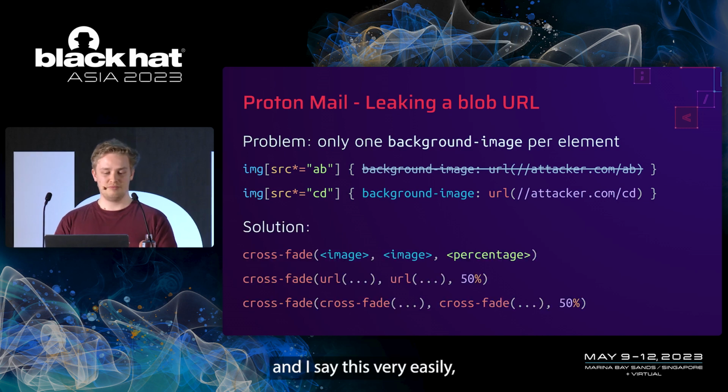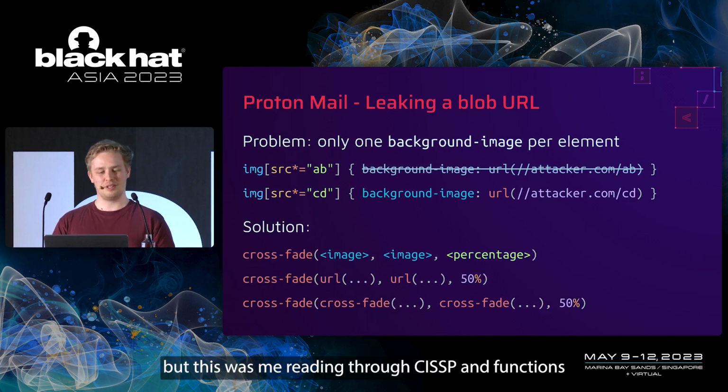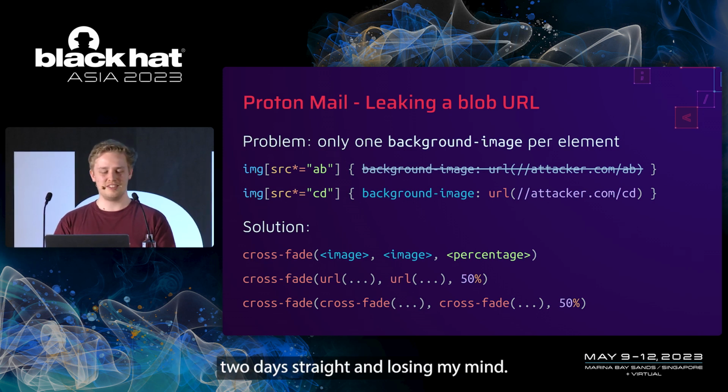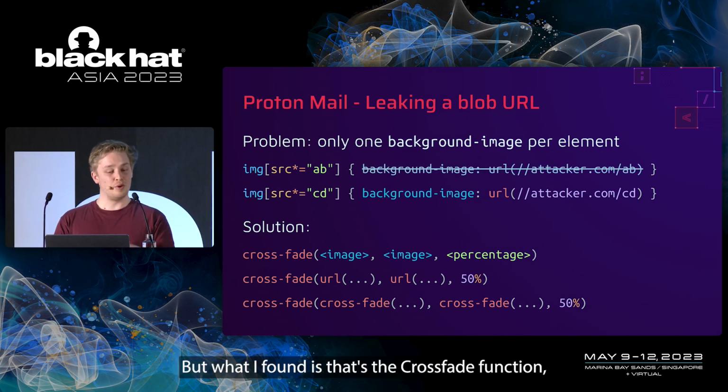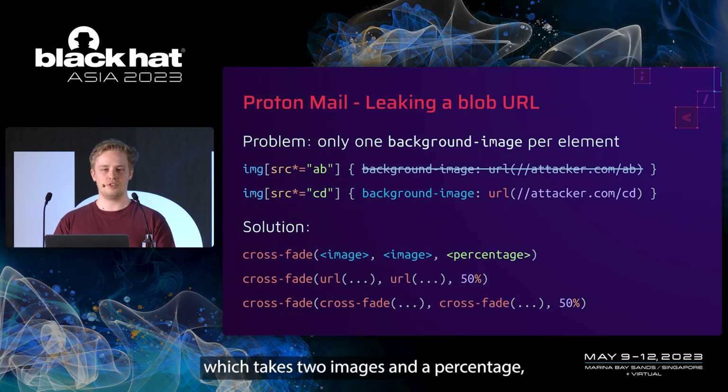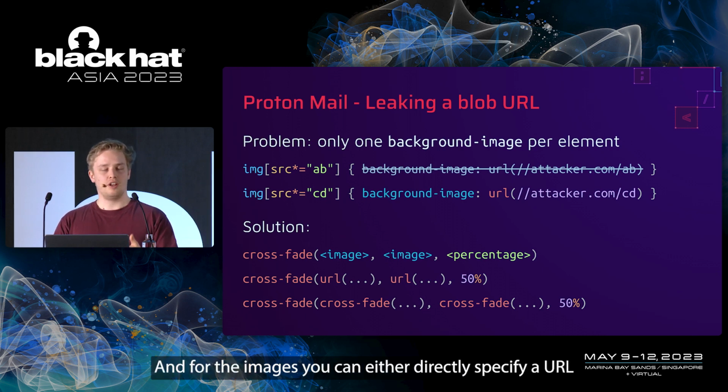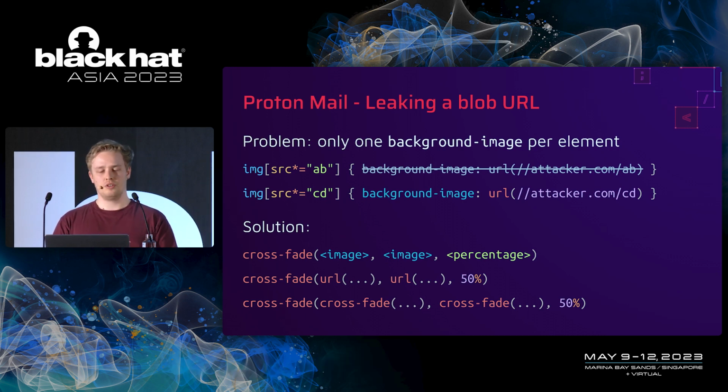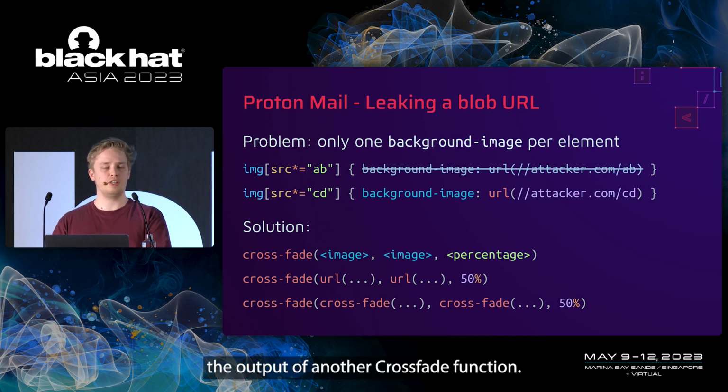But there's a solution, and I say this very easily, but this was me reading through the CSS spec and functions for 2 days straight and losing my mind. What I found is the crossfade function, which takes 2 images and a percentage, and it will then overlay them. And for the images, you can either directly specify a URL, or you can recursively use the output of another crossfade function.